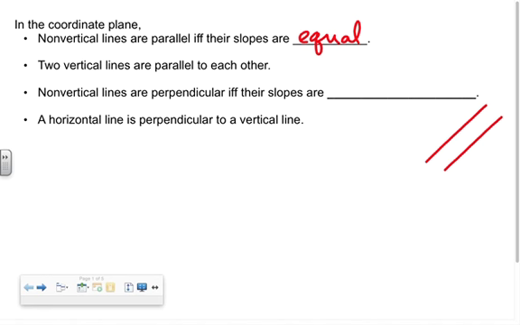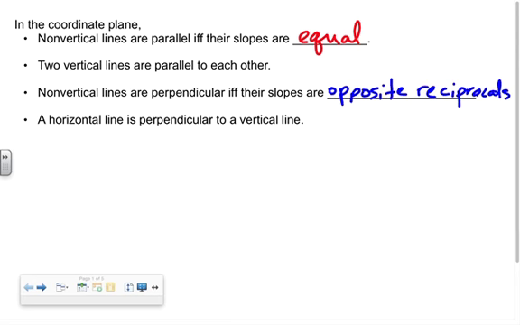Non-vertical lines, their relationship is not quite as intuitive. What is true about perpendicular lines is that their slopes are opposite reciprocals. And what that means, opposite means if it's positive, it becomes negative. If it's negative, it becomes positive.